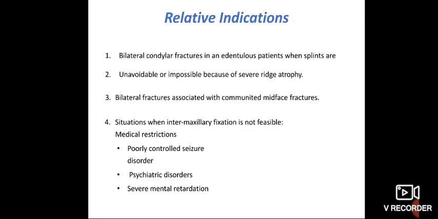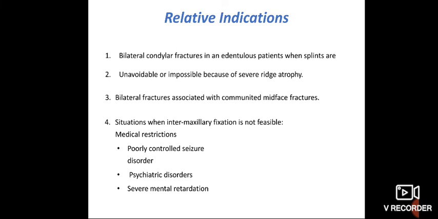Relative indications are bilateral condyle fractures in edentulous patients where splints cannot be placed due to ridge atrophy. So that is one indication. The second one, bilateral fractures associated with comminuted midface fractures.